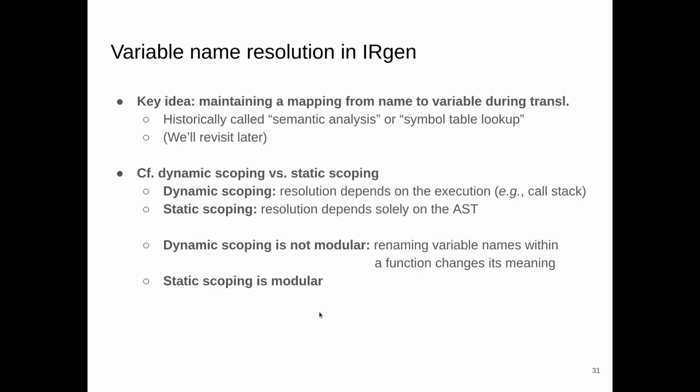That's the reason why I prefer static scoping, because this modularity is very beneficial for building large-scale software. And unfortunately, we are going to deal with C and C++, which use static scoping. So we are going to implement variable name resolution for statically scoped languages.